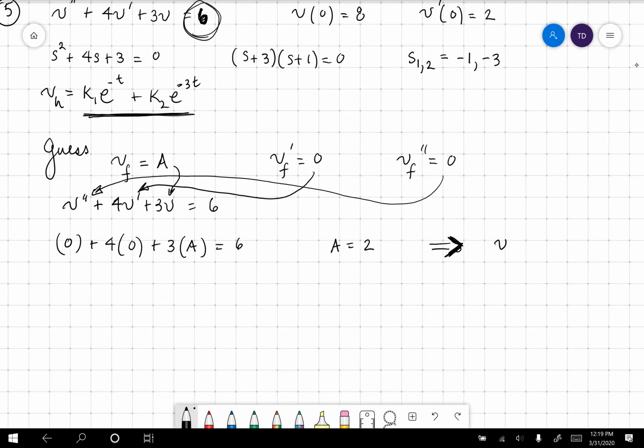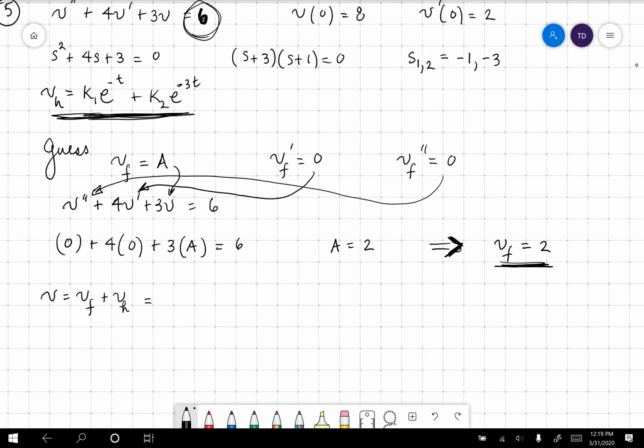V forced is equal to A, which is 2. So now I have V forced, V homogeneous. Now we're going to tie that all together and put that into our complete response. Here we go. The complete response is the forced response plus the homogeneous response.